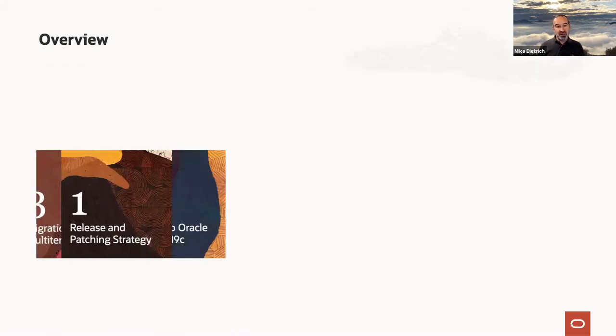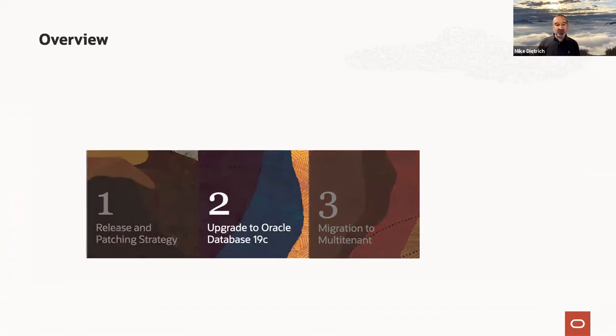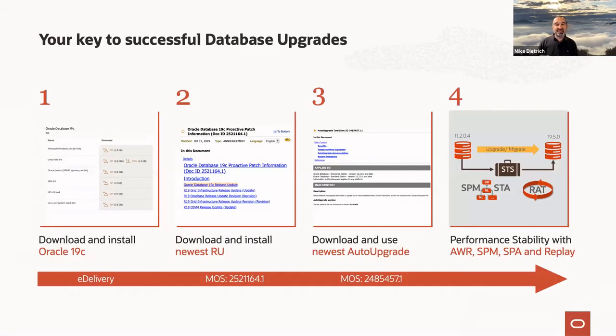So this was a very short introduction into release strategy and where you should upgrade or migrate to. Now, very briefly, because we need this later on for multi-tenant, upgrade to 19C. And in order to do a successful database upgrade to 19C, it's very simple. You download the software, which, unless you are in the cloud, is always 19.3.0.